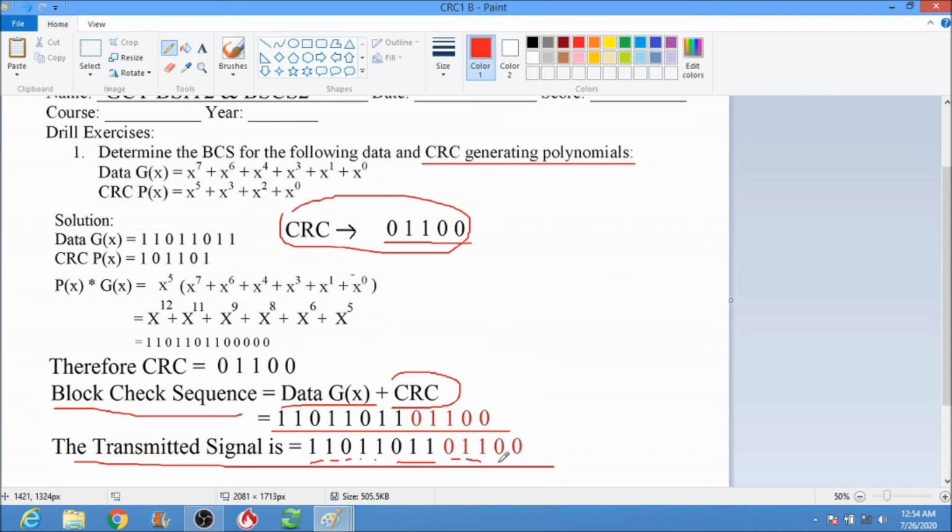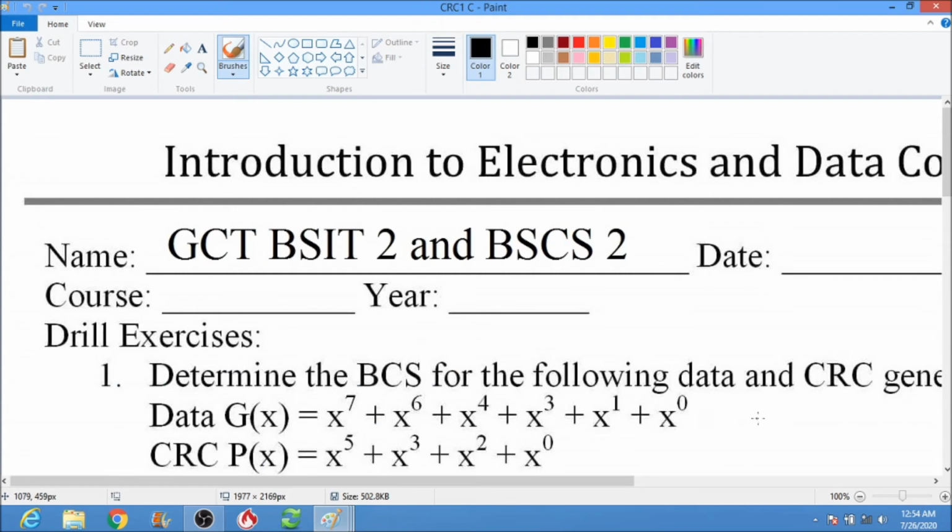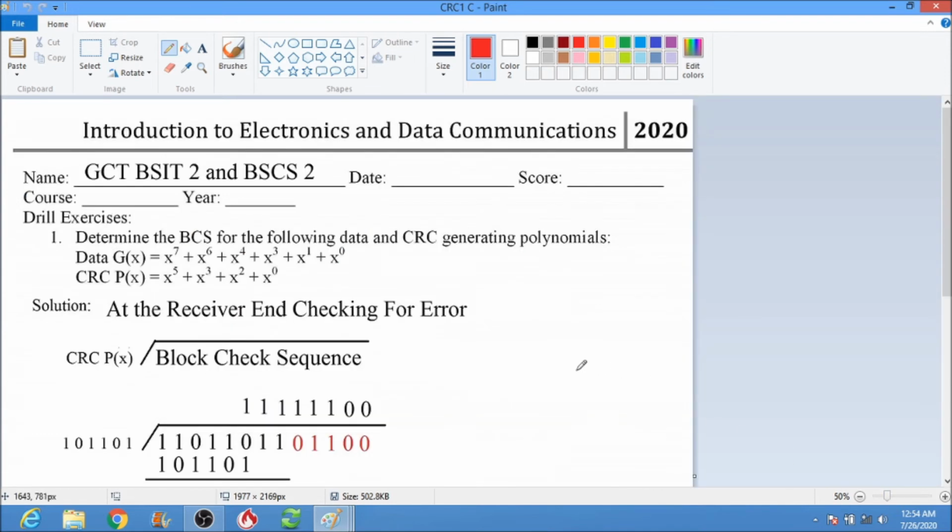1, 1, 0, 0. And of course, at the receiver end, that block check sequence will be divided by the CRC TX.